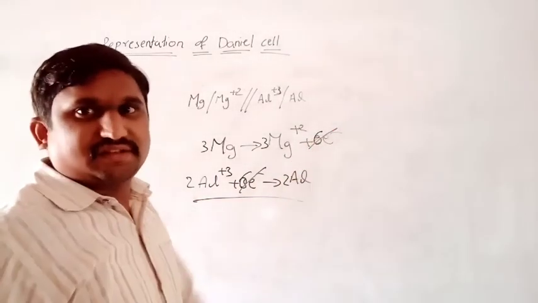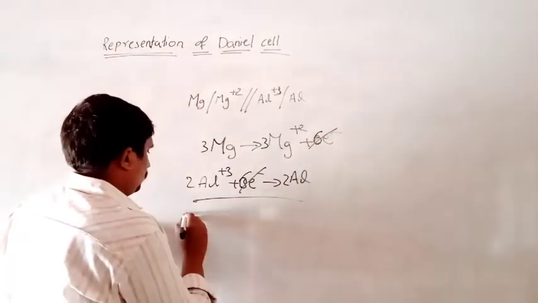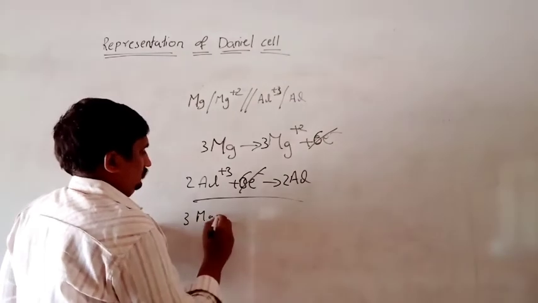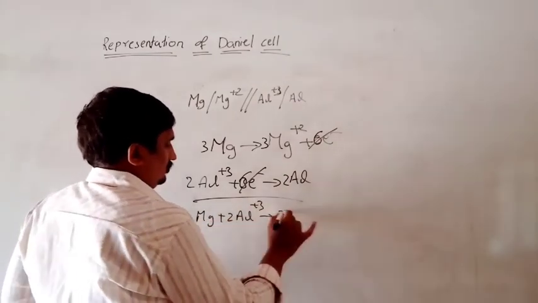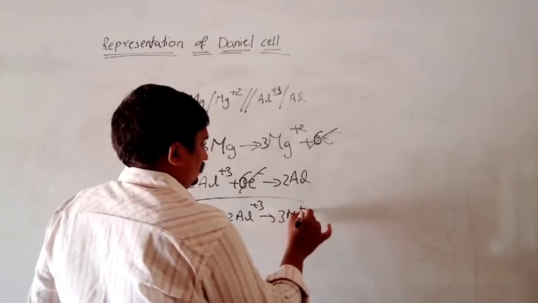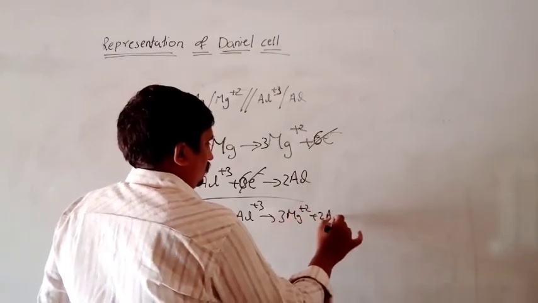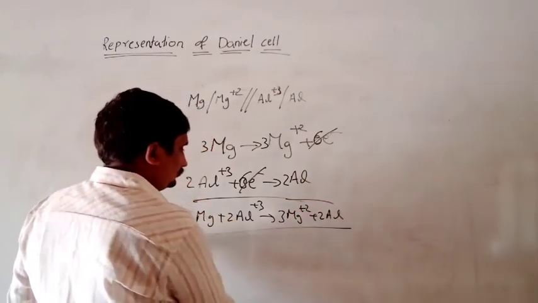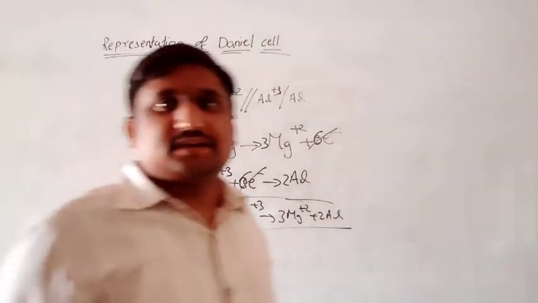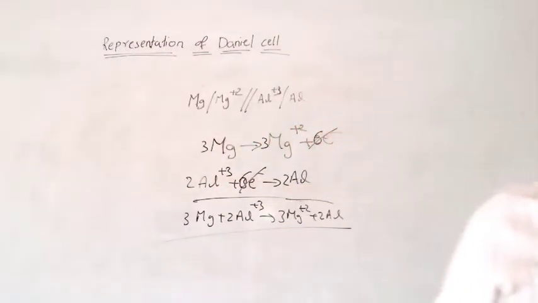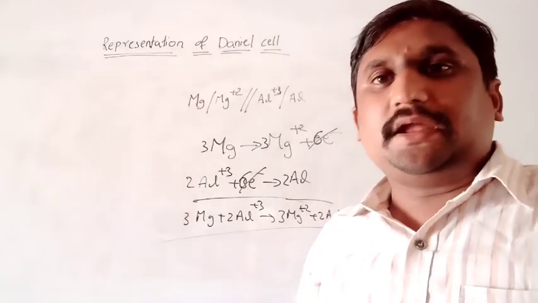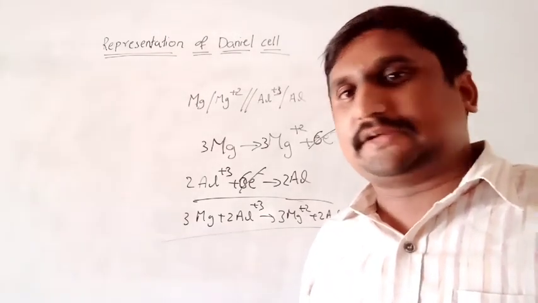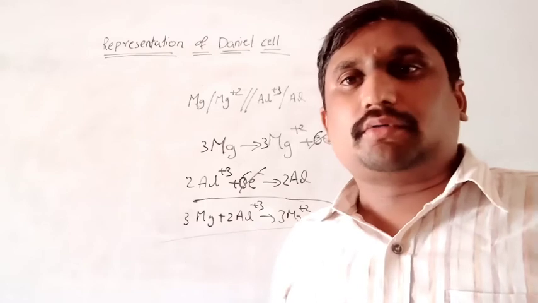Now we can cancel the electrons. Now you are getting the overall reaction in this manner for this representation. In this way, when the representation is given, we must be able to write the overall reaction.